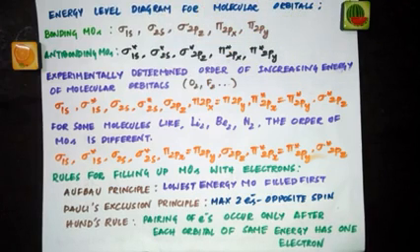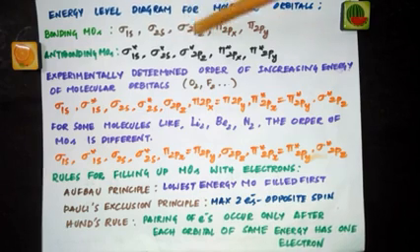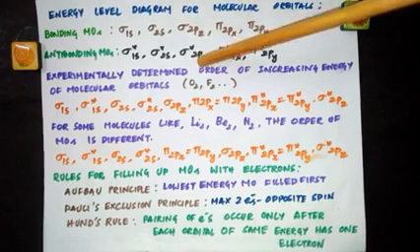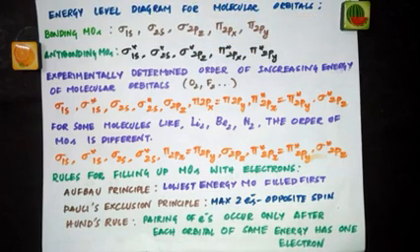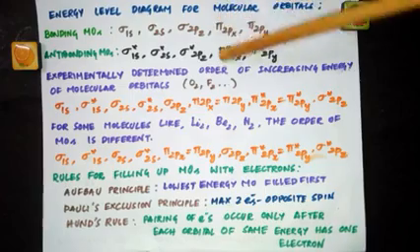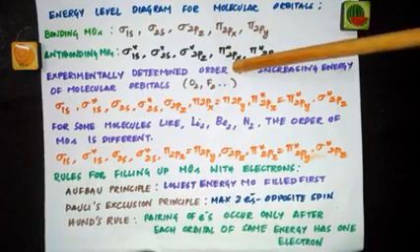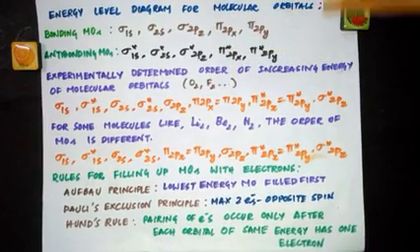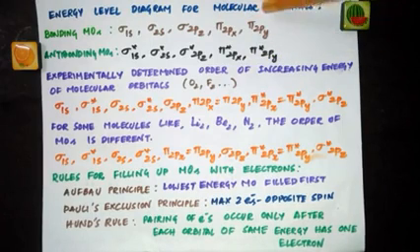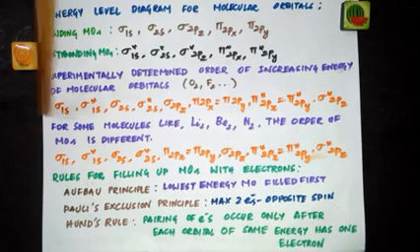Same way, when 2pz and 2pz atomic orbitals undergo combination, you will get two molecular orbitals, sigma 2pz and sigma star 2pz. Same way, 2px and 2px, you will get pi 2px, pi star 2px. When 2py and 2py undergo combination, you get two molecular orbitals, pi 2py and pi star 2py. So we have this order.